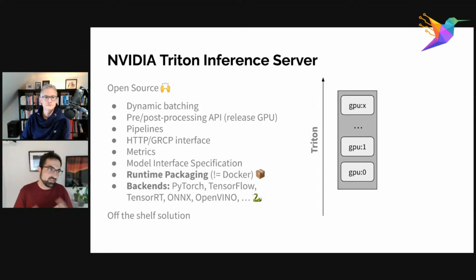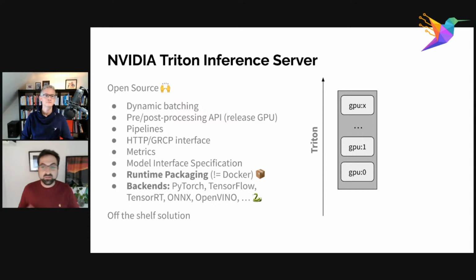Let's get to the first component of our stack here: NVIDIA Triton. It's an open source inference server, and it comes with a number of features that solve the problems I just mentioned.